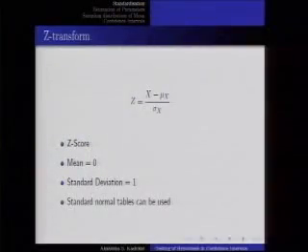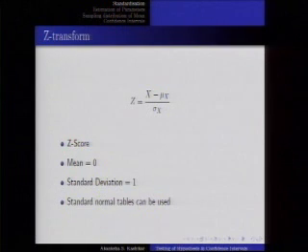Now how do we do this? We already know that data has some mean mu, and we know that expectation is linear. So if we subtract this mean mu, then the mean of the new data becomes 0. Another thing we know about variance is that if we have a variable x with variance sigma squared, then the variance of ax is a squared times sigma squared.